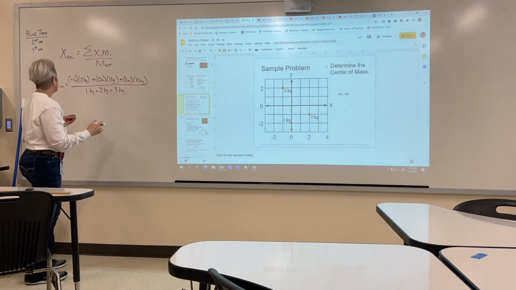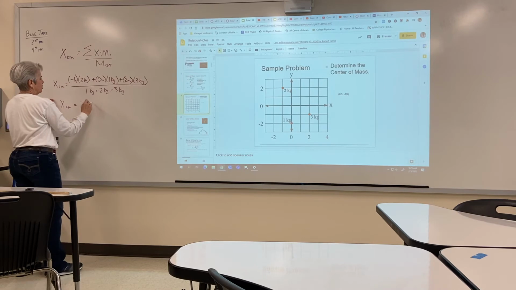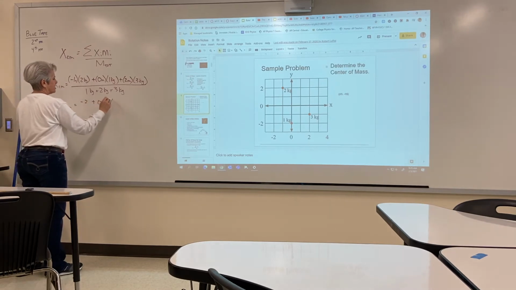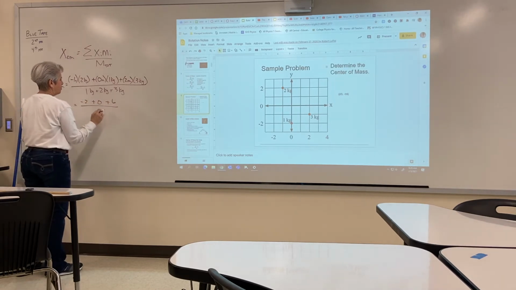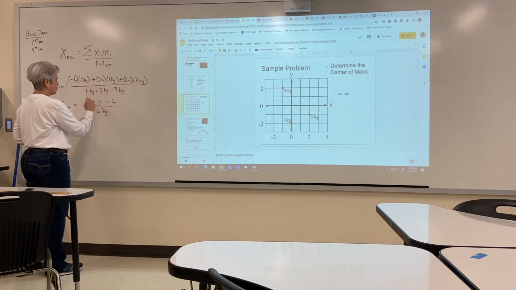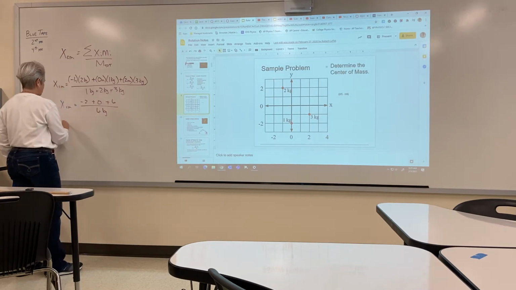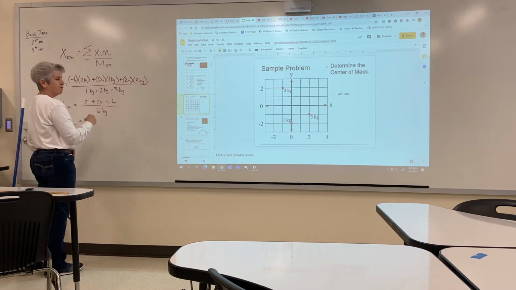So if we work through this, we have -1 times 2. The X center of mass is going to be -2 plus 0 plus 6 divided by 1 plus 2 plus 3, which is 6. And these were all kilogram meters, the units up at the top. So then -2 plus 6 is 4.